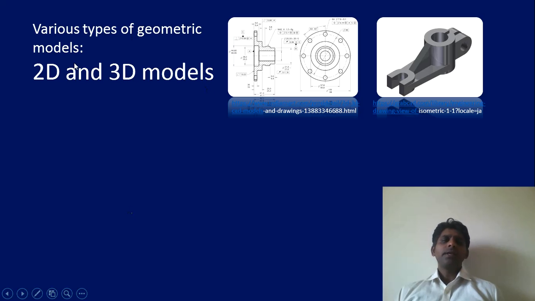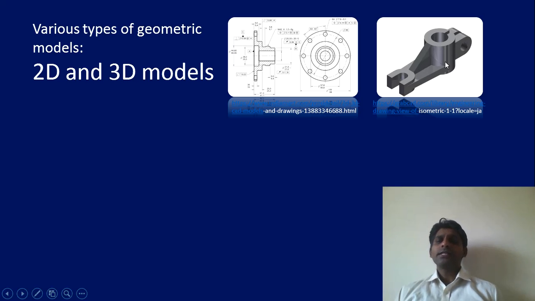When we are talking about 2D, we are talking about drawings like this, right? And when we talk about 3D models, we are talking about views like this, especially in isometric view, as it is visible here.